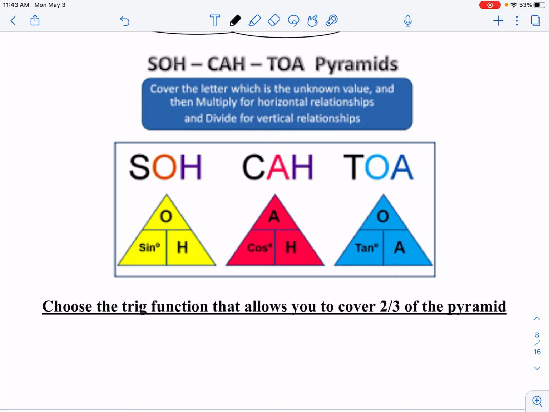So cover the letter for whichever is our unknown value and either multiply for horizontal or divide for vertical. Multiplying left to right, dividing for vertical.